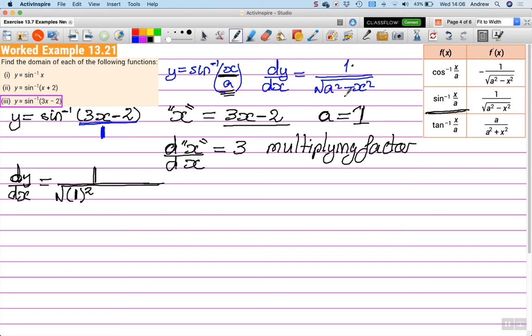The formula says minus, so you put a minus there, open bracket. And what's the x equal to? Well, the x part of the formula is equal to 3x minus 2.